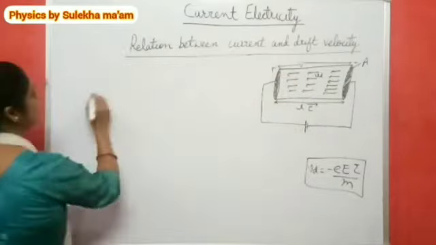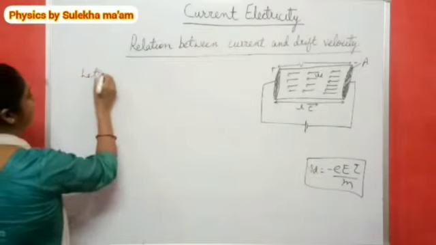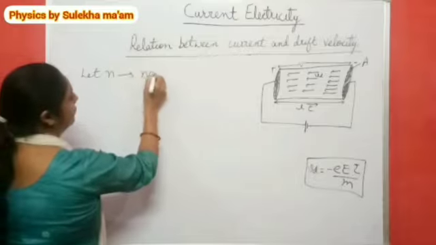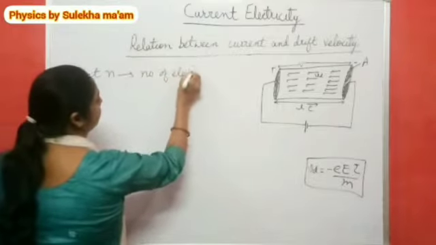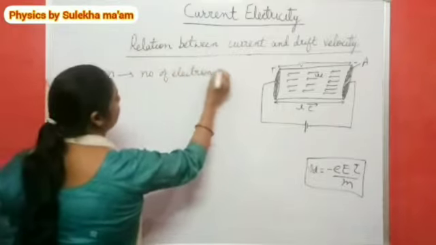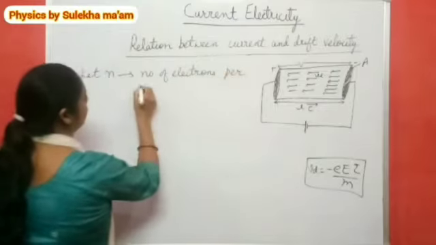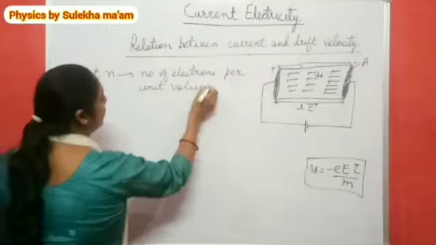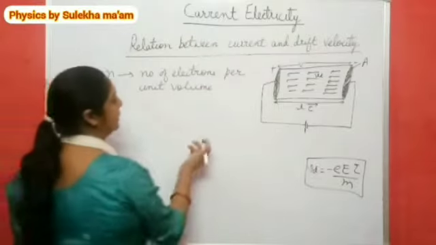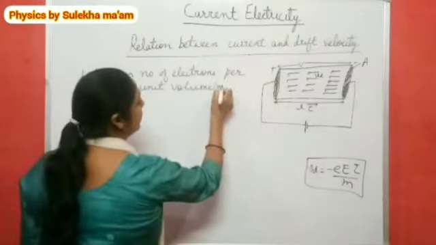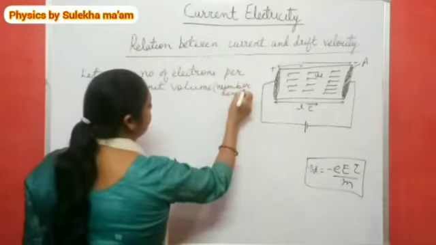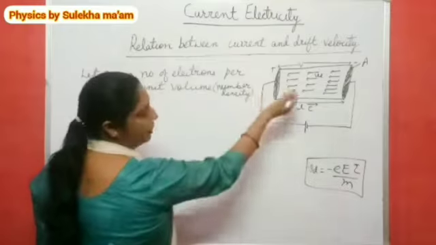So let us suppose that n is the total number of electrons per unit volume. In a particular volume, how many electrons are there? This is also called the number density. And what is the volume of this conductor?